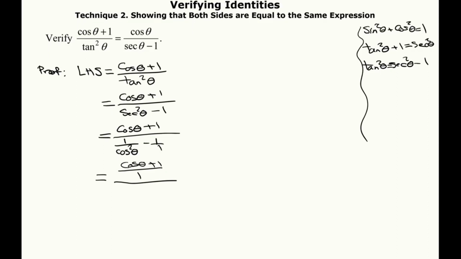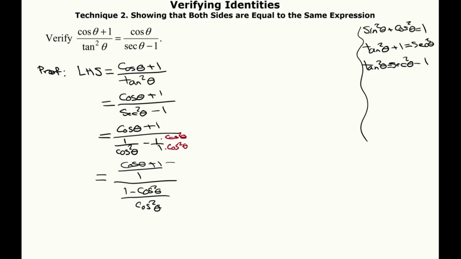Downstairs I have that subtraction, which I'm going to find the common denominator for, which is cosine squared theta, and this denominator is already cosine squared theta. The other one needs to be multiplied by cosine squared theta, which means the 1 on the top also needs to be multiplied by cosine squared theta. So once we do that, we end up with 1 minus cosine squared theta.